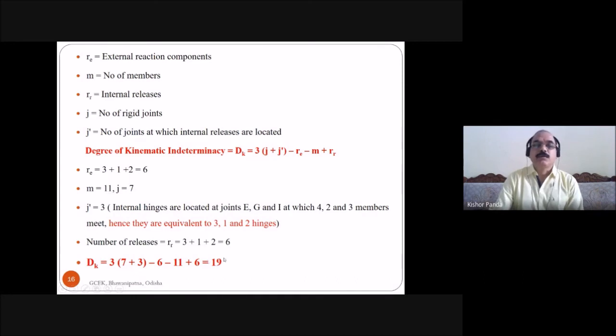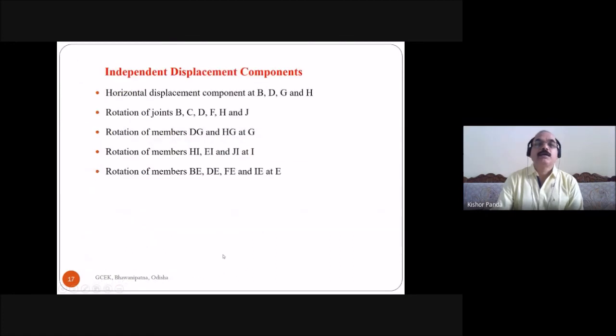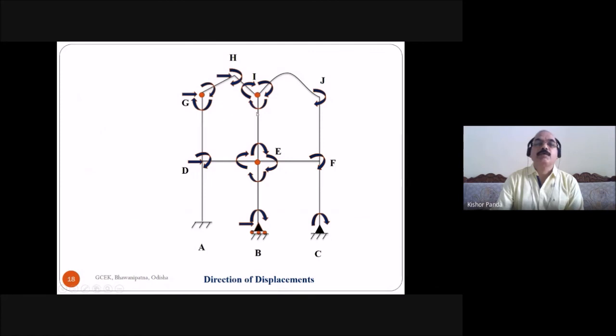These are the unknown displacement components. When the unknown displacement components cannot be found from the compatibility equation, that is called the degree of kinematic indeterminacy. So these displacements you can't find using the compatibility equation. That's why the degree of kinematic indeterminacy is equal to 19.